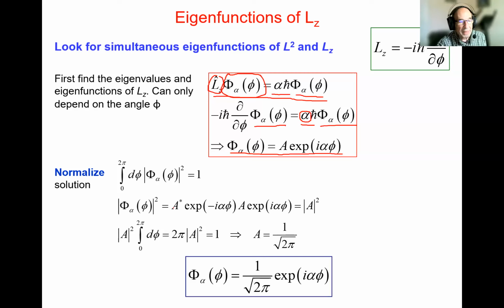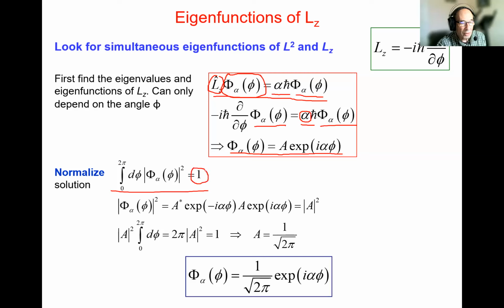Then we apply this other postulate, that the wave function should be normalized. That means that when we take an integral of this wave function over the whole space, in this case the angle changing from 0 to 2 pi, we should be getting unity.